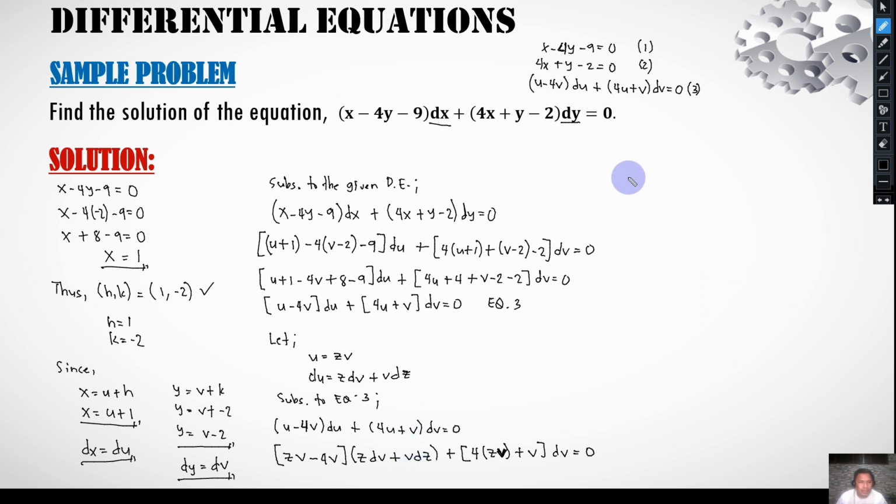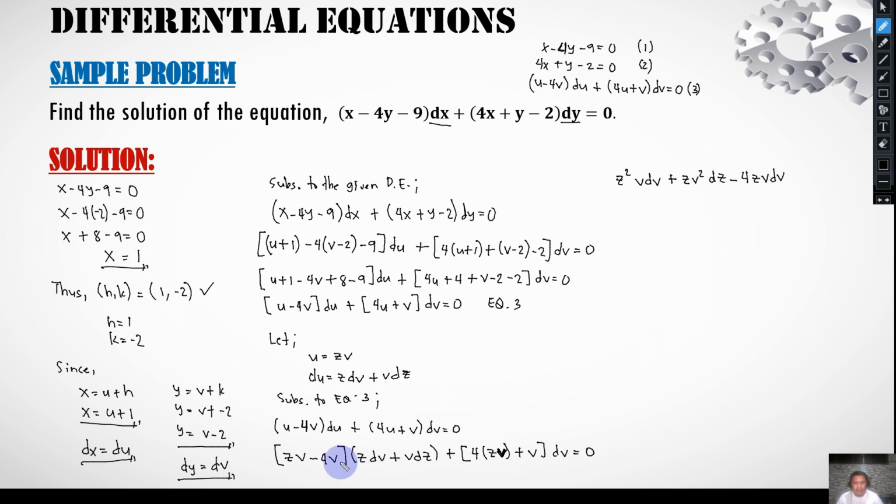So proceeding with our calculation, we have now this zv times z dv, so we have now this z squared v dv, and then zv times v dz, so zv squared dz, okay, so we have now this plus zv squared dz, and then ito namang minus 4v times z dv, so negative 4zv dv.